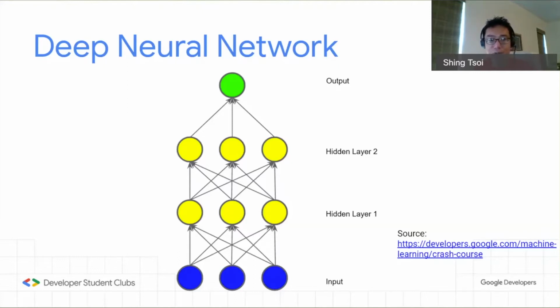A deep neural network means that there are multiple layers of neurons, and most often there could be hundreds of neurons and even millions of different parameters that we have to find the values for. The training for this kind of model is very time consuming and very difficult, and requires a large data set.